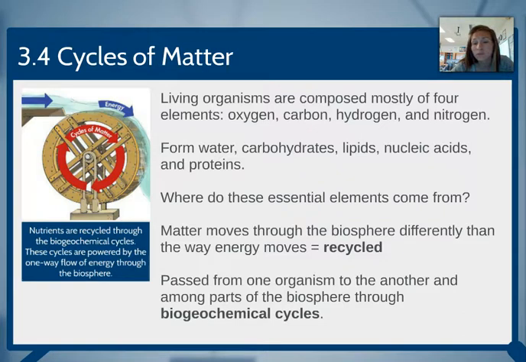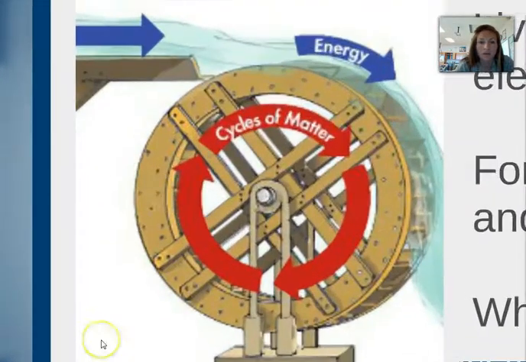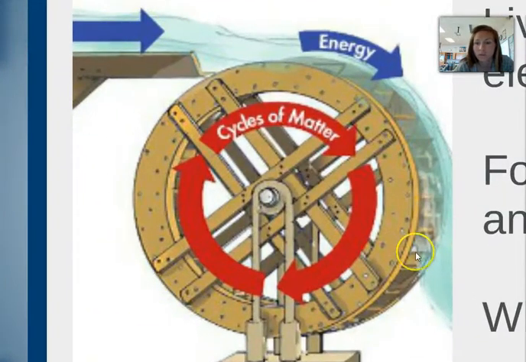And this is very different than the way energy moves, because like I said, energy goes one way, but matter can actually be recycled. And it's passed on from one organism to another through what we call biogeochemical cycles or processes. And this picture here does a very good job of showing you that energy is a one-way stream and just goes over a group of organisms and it's gone.